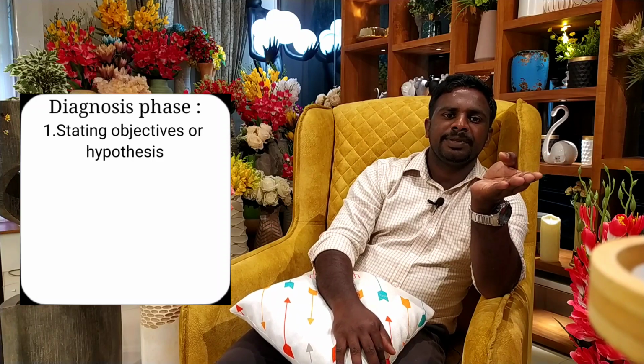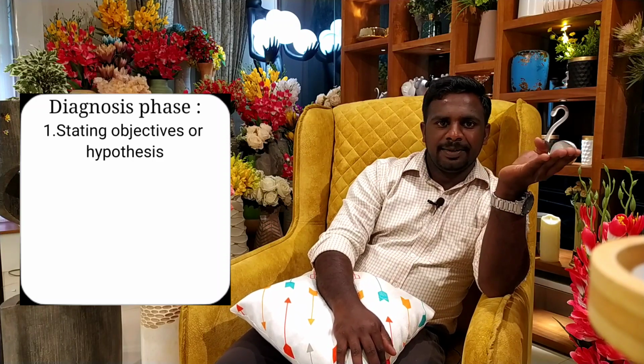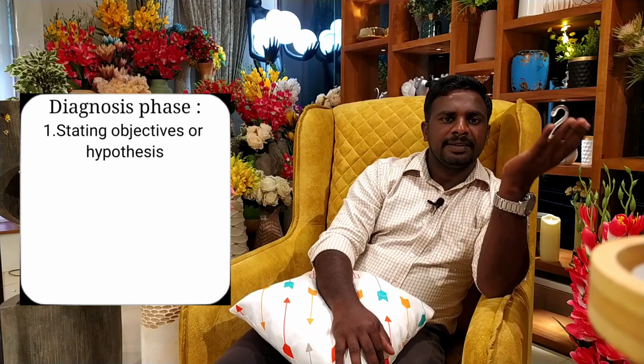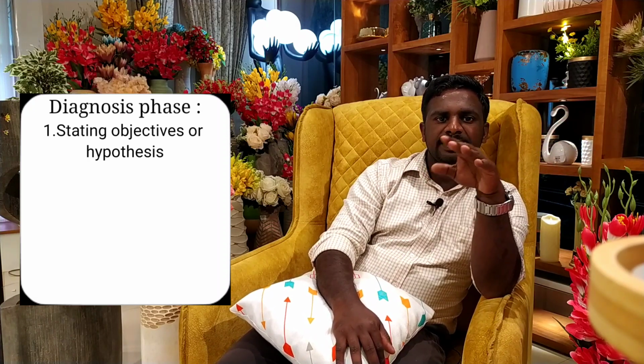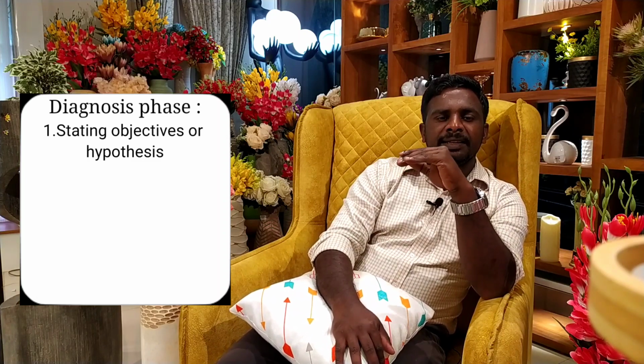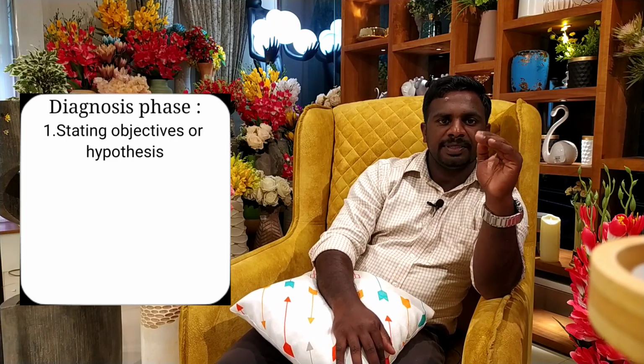For example, we say there is a significant relation between the variables we can mention there. Next, we say there will be a relation between post-test and pre-test. This is the hypothesis. We test this hypothesis and find whether it is wrong or correct. We have to formulate the hypothesis in this place.